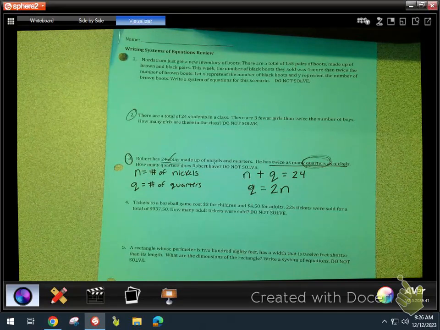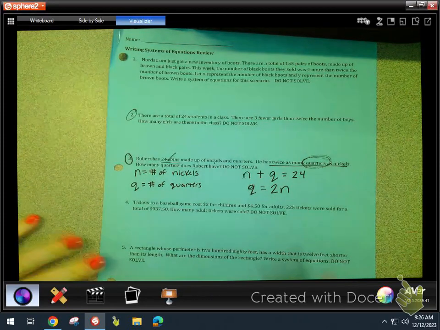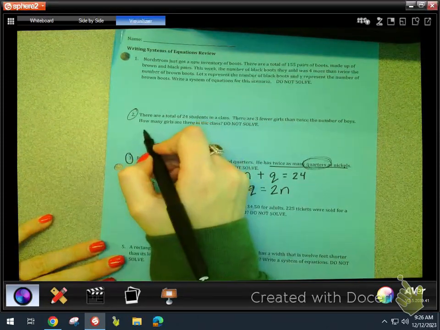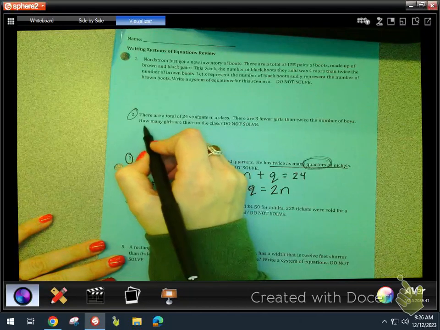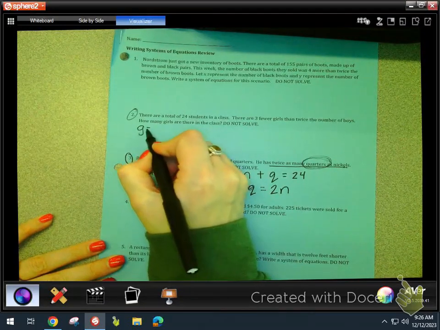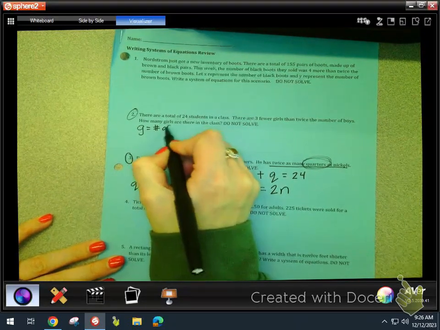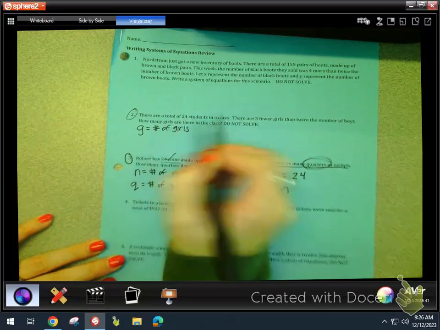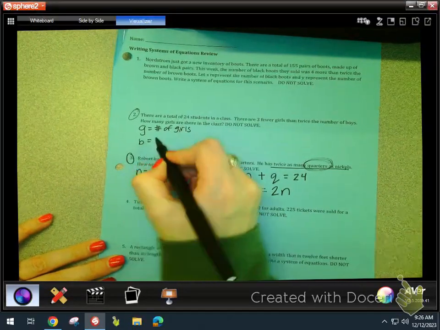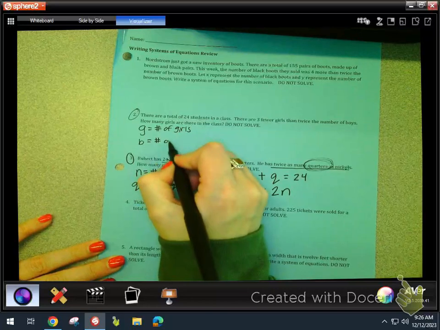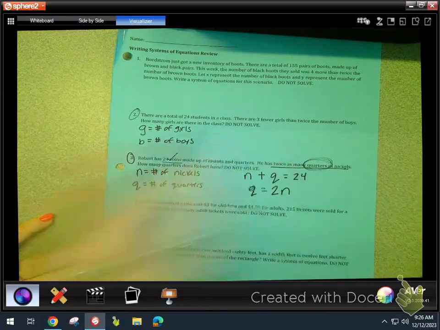Okay? Think about your variables. What do we got? Who are we talking about? What kind of students? Okay, so let's let G represent the number of girls and B represent the number of boys.